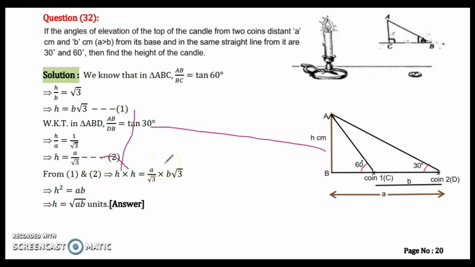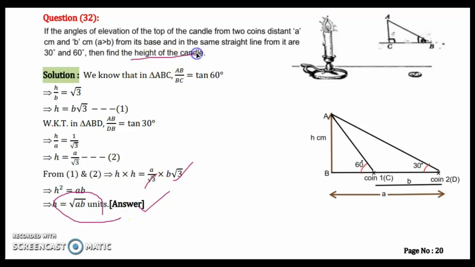Take these two equations, that is h multiplied by h equal to this. Therefore root 3 and root 3 will get eliminated. That is h square equal to ab. That is h is equal to square root of ab units. That is the height of the candle is going to be square root of ab units here, right?